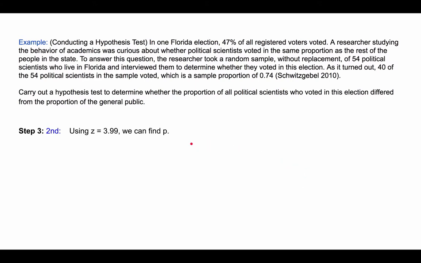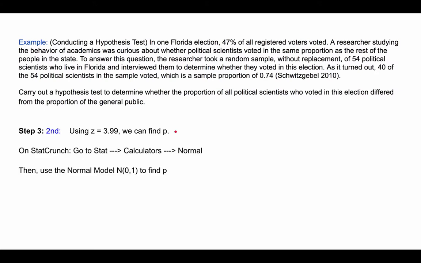Second, we can now use this z value of 3.99 to find the p-value. How do we do that? If you want to use StatCrunch for that, you can go to Stat, Calculators, Normal, and then use the normal model with mean 0 and standard deviation 1 to figure out what p is.